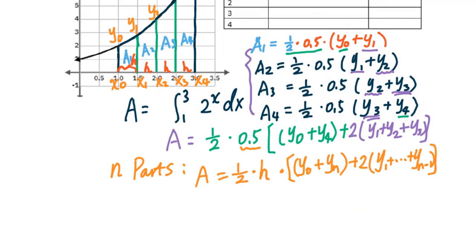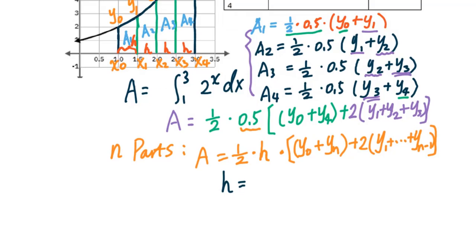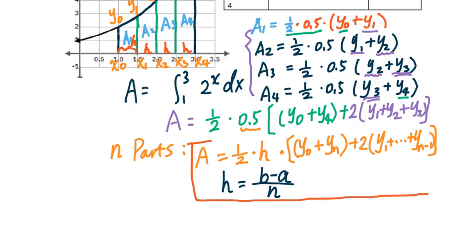Then the height will be the distance between upper limit and lower limit, so we do b minus a over n. This will be the formula when you use the trapezoidal rule to work out the area or the definite integral.